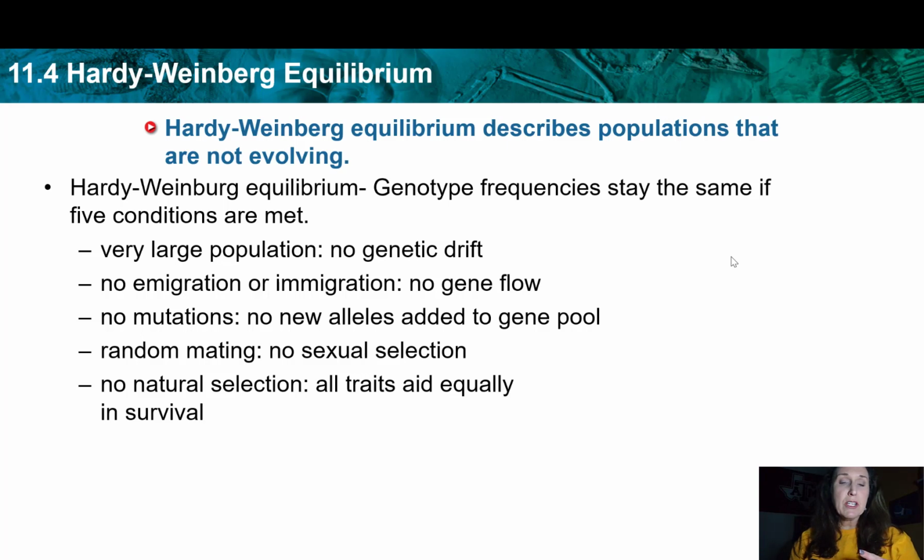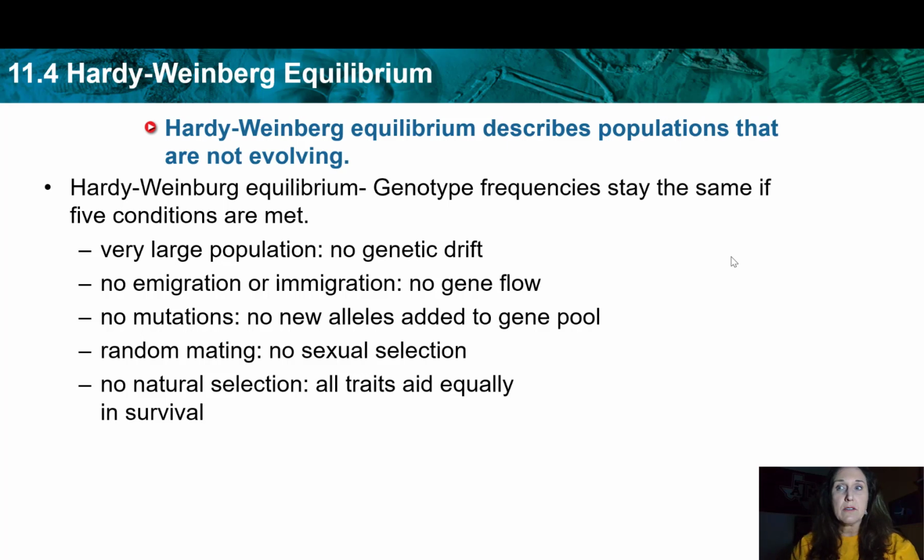No emigration, that means moving out of a population, or no immigration, which is moving in, which means there's no gene flow. If you have a large population, you'll have no genetic drift, because genetic drift tends to affect only small populations. If you have no animals moving in or out, then you will have no gene flow. You'll have no flowing of genes into the population.